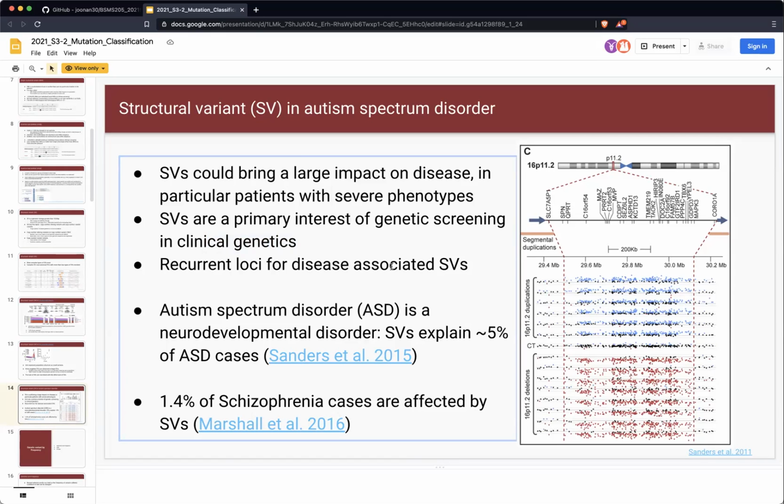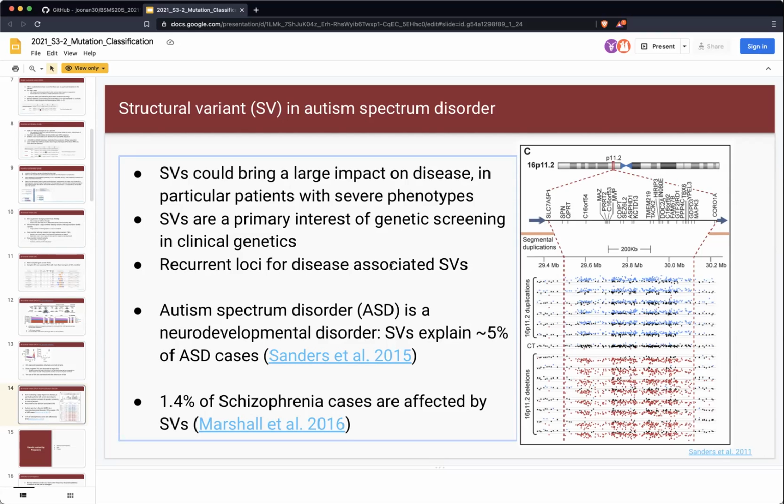Okay, so in autism spectrum disorder, about 5% of autism cases are explained by structural variants, and it's well discussed in 2015 studies. And in schizophrenia, 1.4% of the cases are affected by structural variation, right? This is a quite interesting topic, and people are still studying why that happens in our genome.